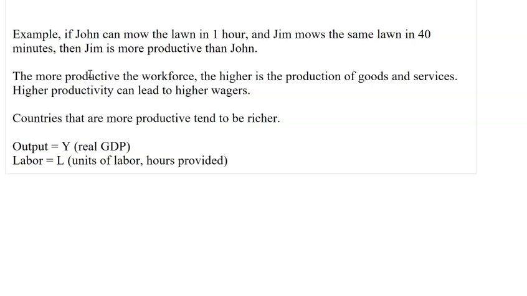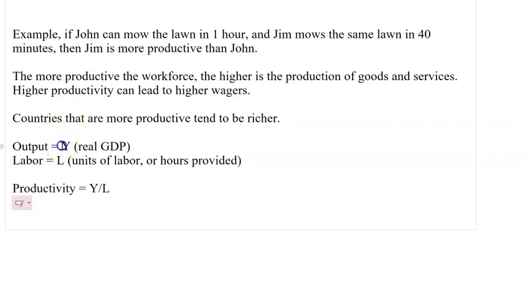It could be either, depending upon the book. But in either case, we can say productivity equals Y over L. So if my total output is Y, and I'm using L units of labor to produce Y, then my average productivity is Y over L.